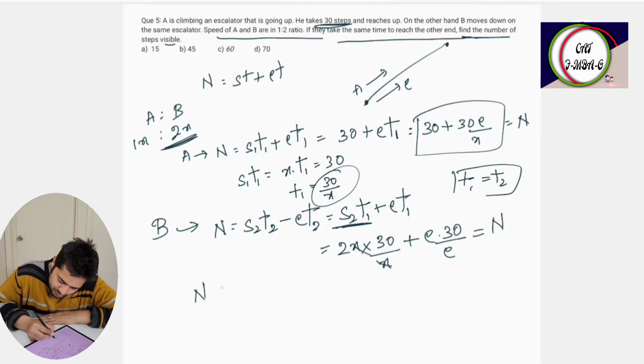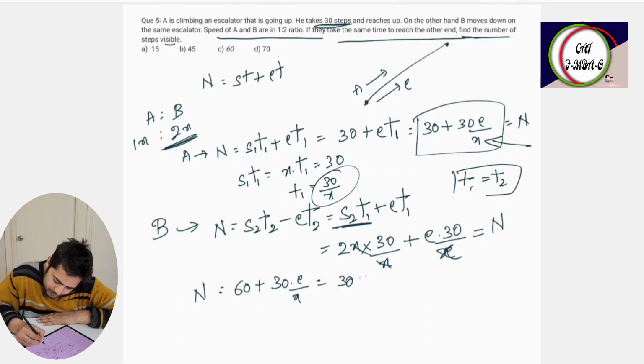So n is equal to 60 plus 30. Sorry, this is x, e by x, and you can equate this with this equation is equal to 30. Sorry, I think I'm making some mistake here. Okay, yeah, this was the mistake I was making.